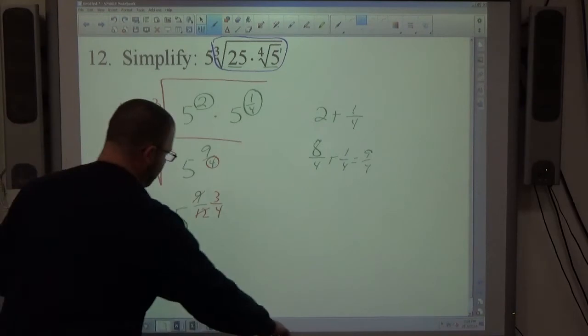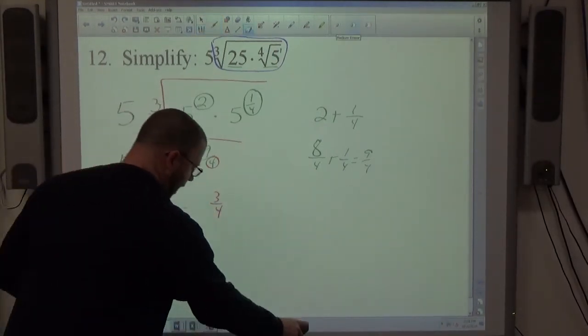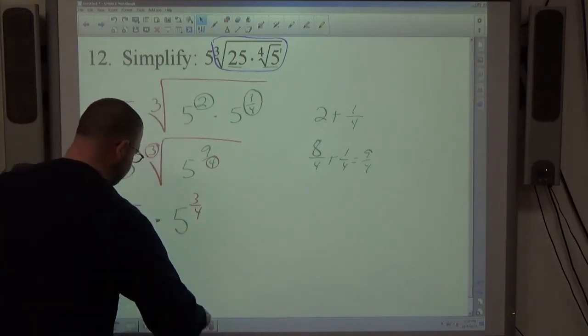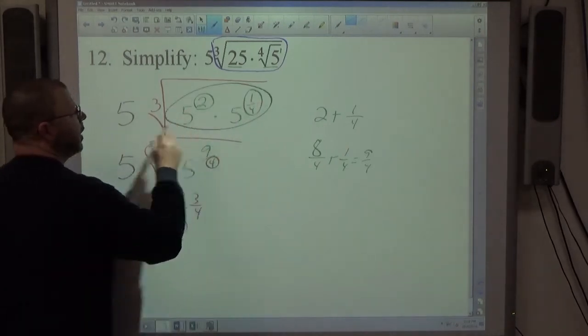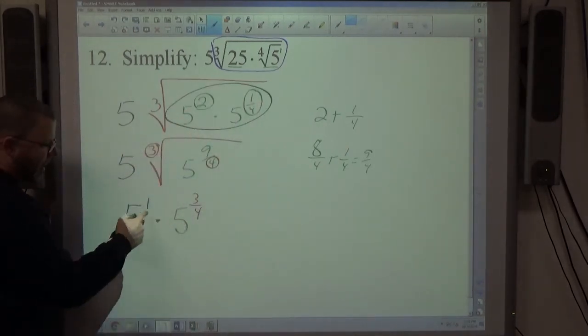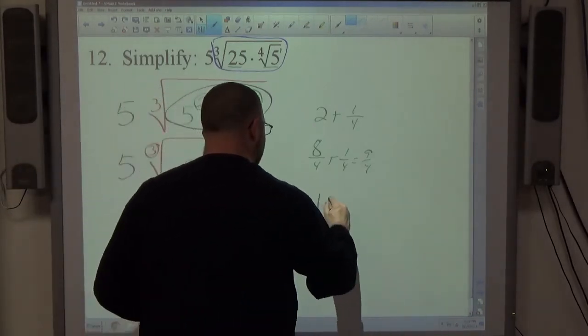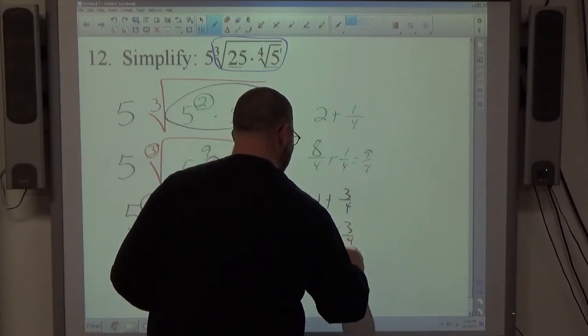Once I get to this point, 5 to the 3/4 times 5. So this whole time this 5 outside has been hanging out, waiting for you to do something with it. Now you're ready to do it. This 5 being multiplied by this 5 is just the same way we did these multiplication of 5s. I'm going to multiply these 5s by adding up these two powers. 1 plus 3/4 is 4/4 plus 3/4, which is 7/4.